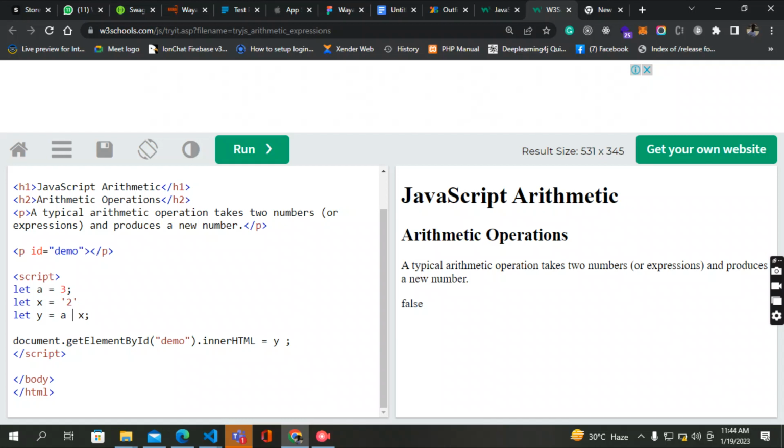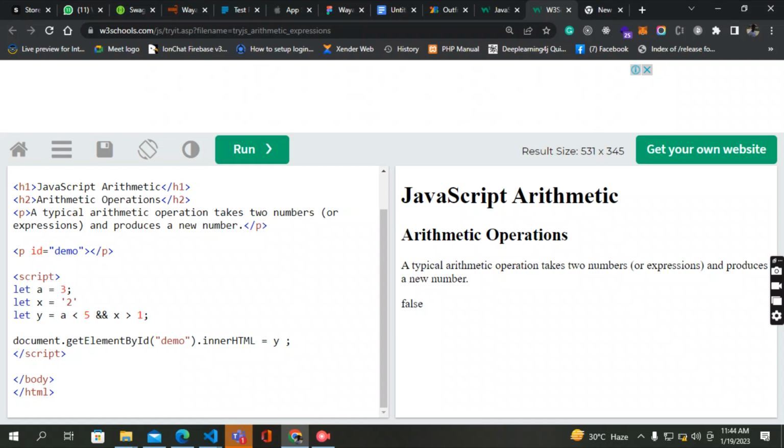Let's quickly check an example here. Say a equals 5, a is less than 5, and x is greater than 1.